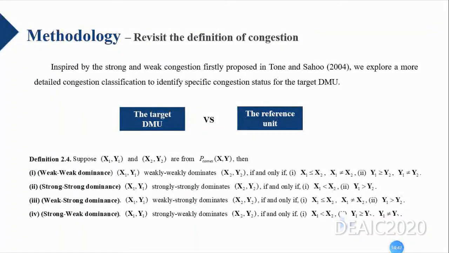To this end, the four categories of dominance are defined firstly in Pareto preference, that is, weak and weak dominance, strong and strong dominance, weak and strong dominance, and strong and weak dominance, which are expressed in definitions 2.4.